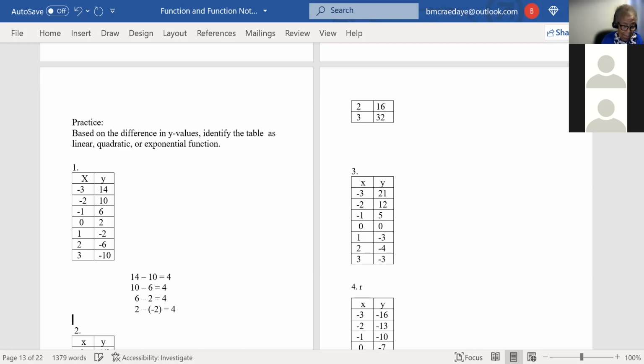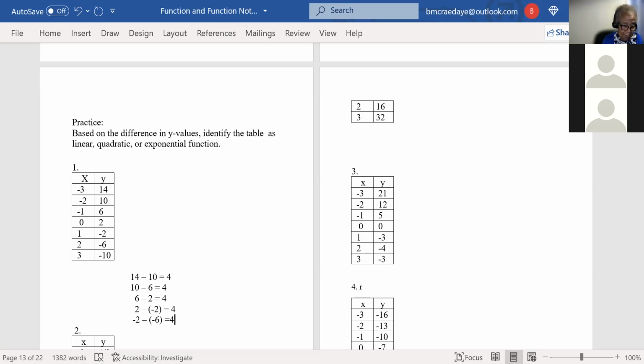And what's minus 2 minus a minus 6? Minus a minus 6, minus is going to give you a plus. So that's like minus 2 plus 6, which equals 4.